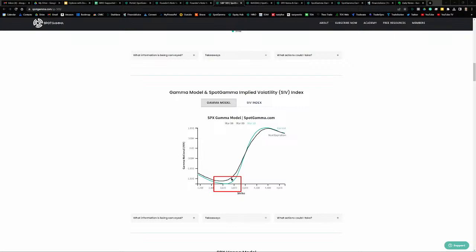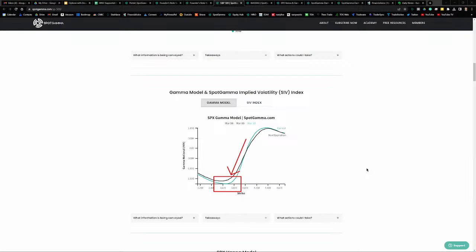This gamma level levels off, and their hedging requirements will decrease. But until that time, this negative gamma is increasing, and we'll look at the Vanna charts in a minute too. And they need to continue to hedge, and that's the negative gamma Vanna feedback loop.